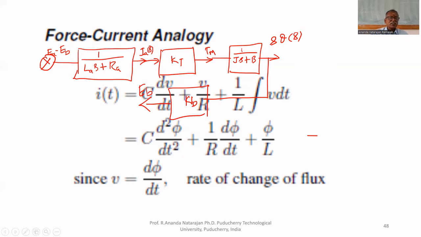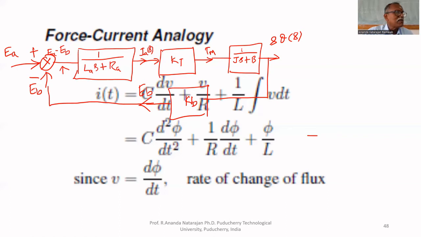Like that, I am putting one summer. In that summer, I am giving EA as input, and another input is EB, in negative sign. So it is a subtractor. That's all. So what you are getting here is EA minus EB.